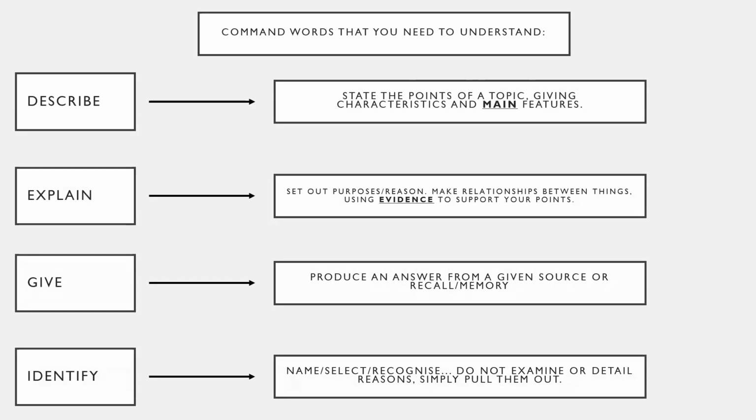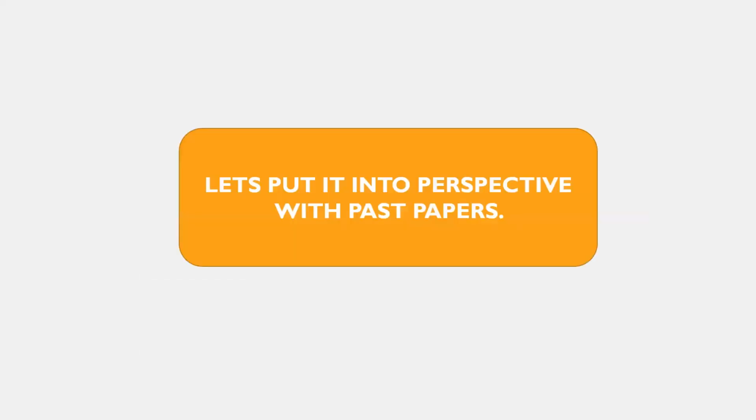So in the exam, these words are really important. Always remember to highlight them so you know exactly how to answer the question. So let's look at some past papers to kind of put it into perspective.